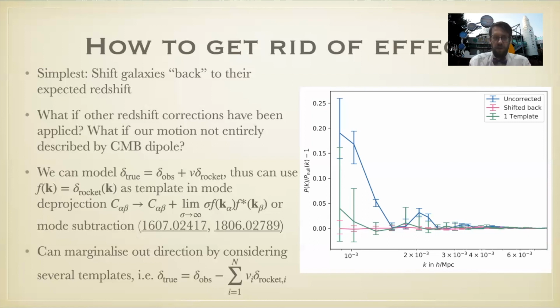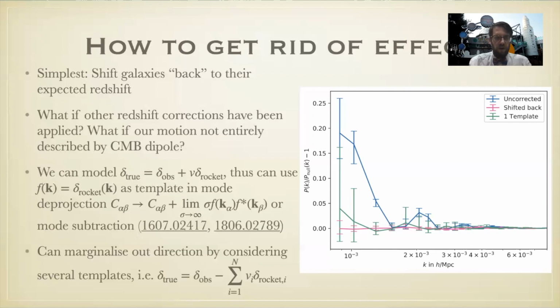However, these estimators tend to be computationally expensive, but luckily there is something called mode subtraction, where you subtract off your template with a maximum likelihood amplitude. This will give you, in principle, a biased estimate of the power spectrum, but you can check some of my previous work to find a prescription to do this in an unbiased and efficient way.